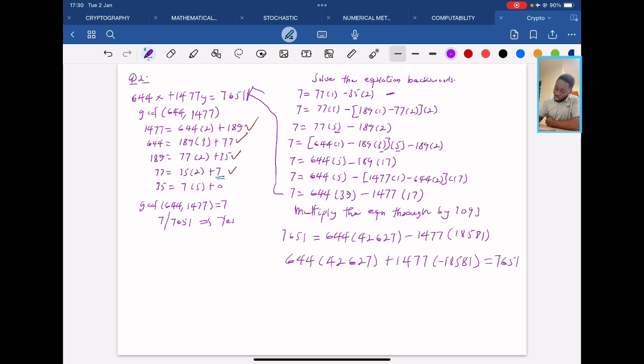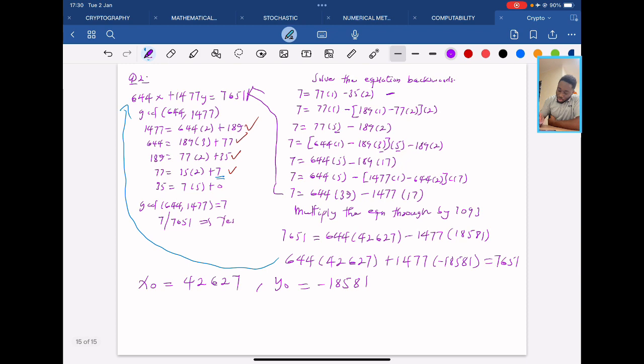And this is the same as what we have over here. So we are going to get our x naught to be equal to 42627, and our y naught will be equal to minus 18581. Now, the question asked us to find a positive pair of integers that will satisfy this equation.